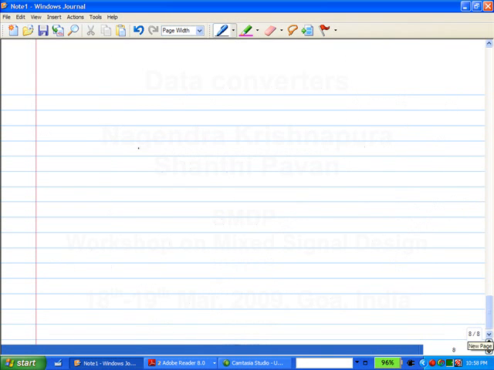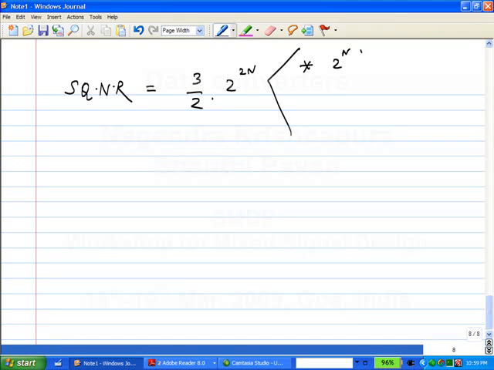It is 3 by 2, 2 to the 2n, and this has been calculated with 2 to the n levels in minus Vref by 2 to plus Vref by 2. Basically, the range is divided into 2 to the n levels, and also you fit the maximum sine wave to it.